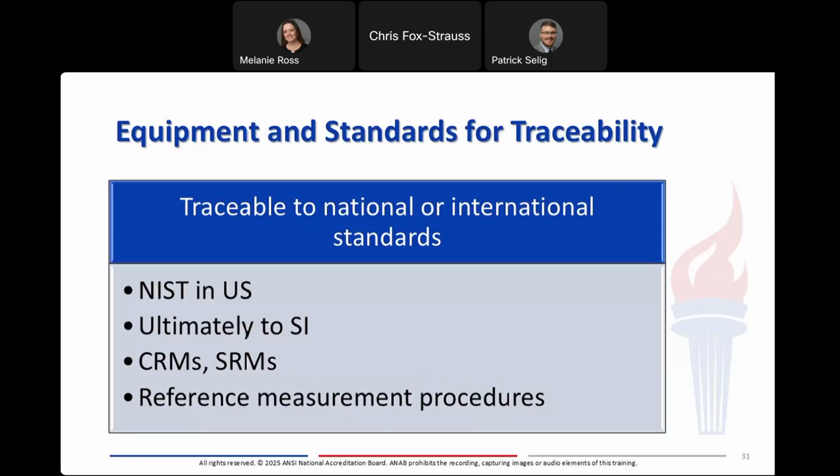This traceability is ultimately to the SI or a stated reference. Oftentimes in the United States, we use NIST because NIST is our NMI. Additionally, CRMs or SRMs, which are standard reference materials, should be used where appropriate and available, as well as reference measurement procedures from an SDO or other qualified source.